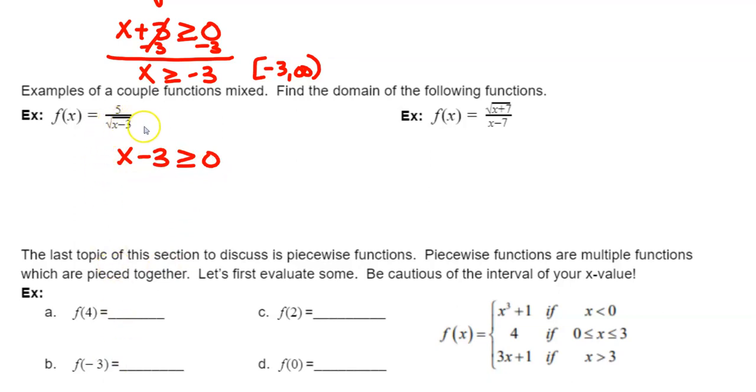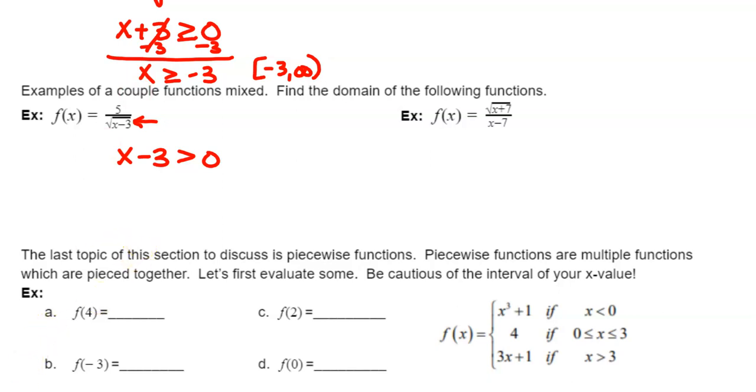But with a fraction, recall that you could not let the bottom equal 0. So for the radical, I have this. But for the fraction, I can't let that x minus 3 equal 0. Therefore, I have to make an adjustment to my inequality by taking away that equal symbol.